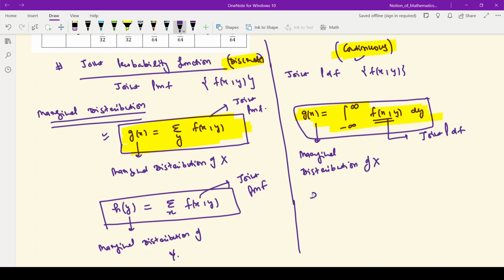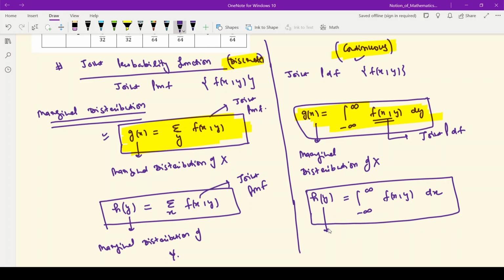And if I write h of y in the continuous approach, that is the integral from minus infinity to infinity of f of x y dx. So here it is again the marginal distribution of y, and this f of x y is the joint PDF. So four formulas I have discussed here regarding the marginal distribution.